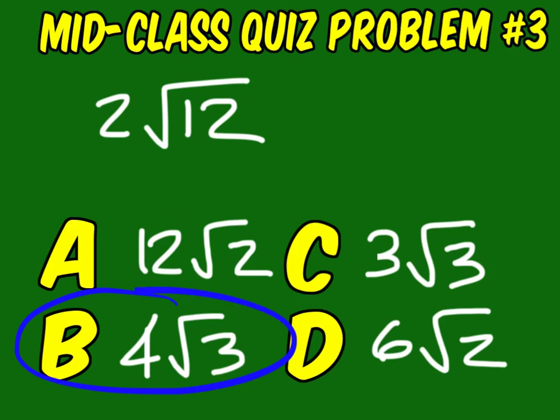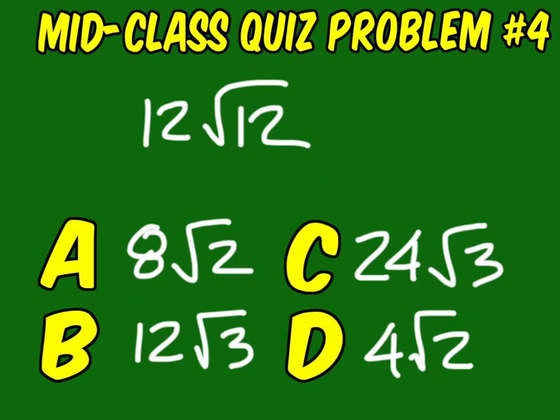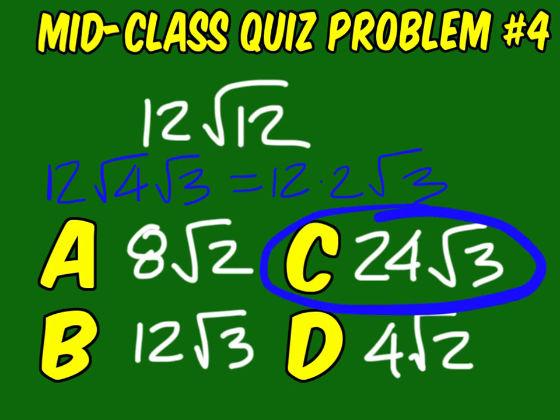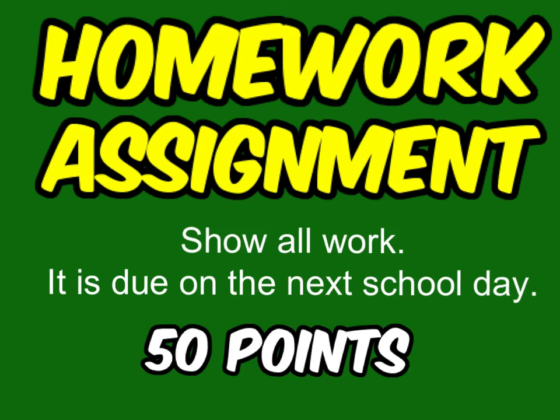Answer on this one is B. This one is 12 square root of 4 square root of 3, which is 12 times 2 square root of 3. That would be C.